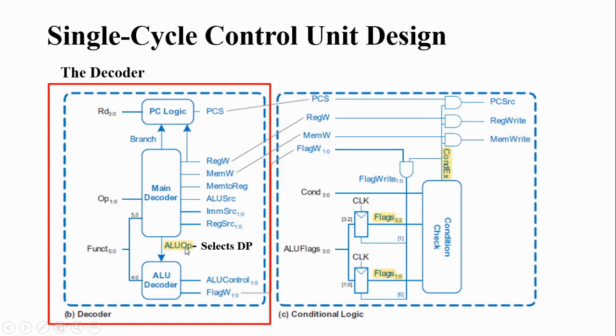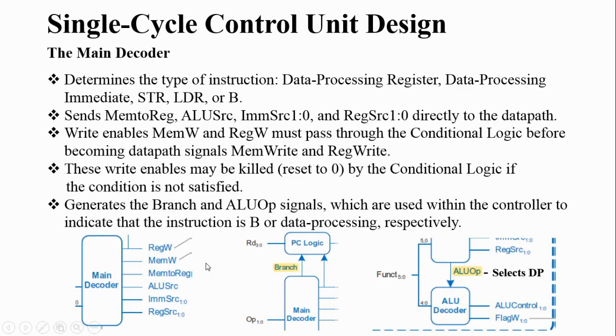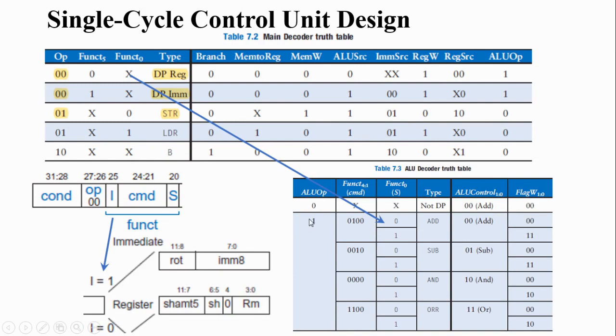If this bit is 0, it will tell the ALU decoder that you don't need to perform any data processing. If ALU output is 1, then it needs to perform the data processing instruction. How it identifies which data processing instruction to do is based on the 4-bit command field.